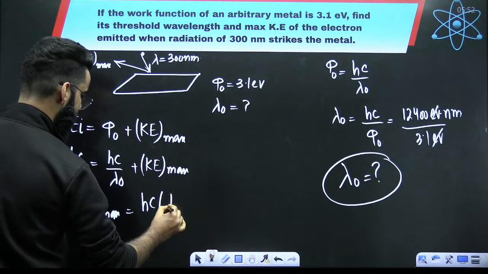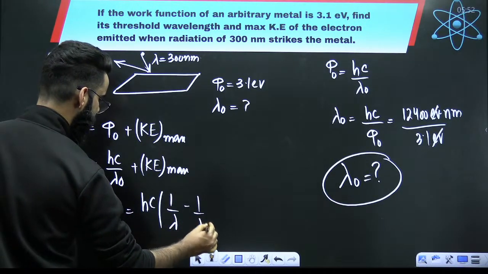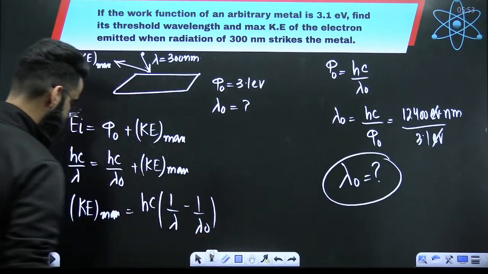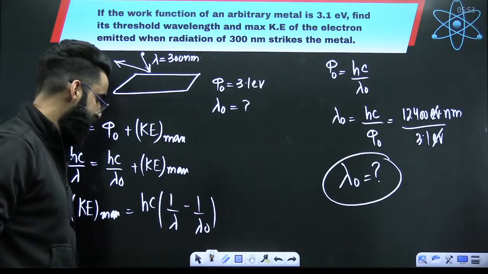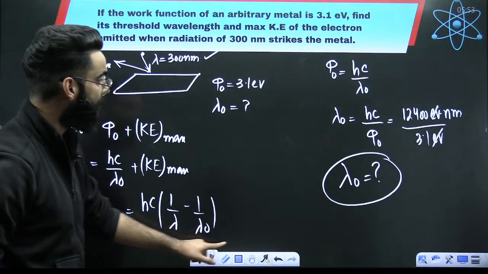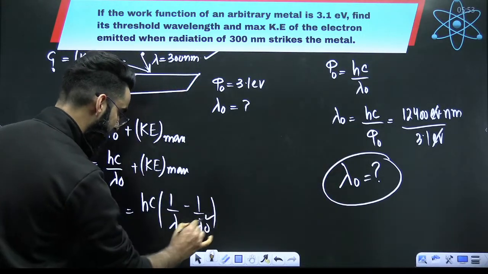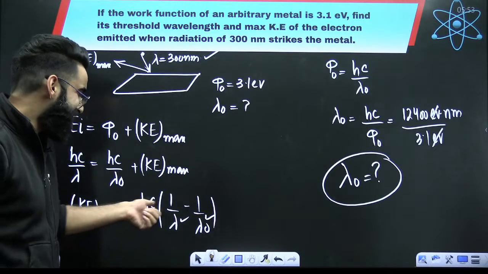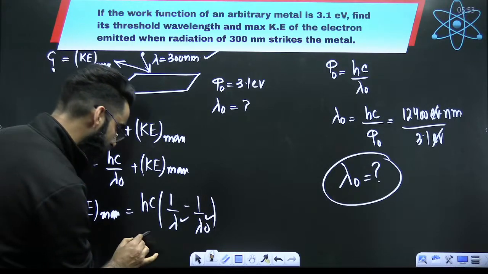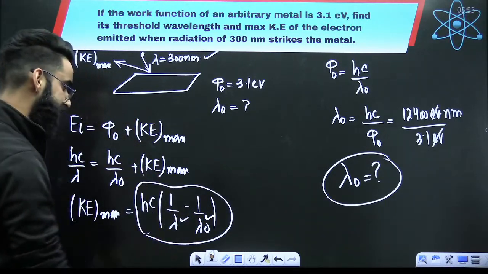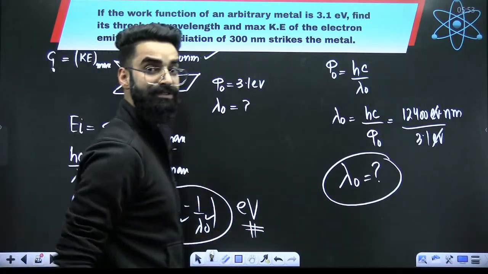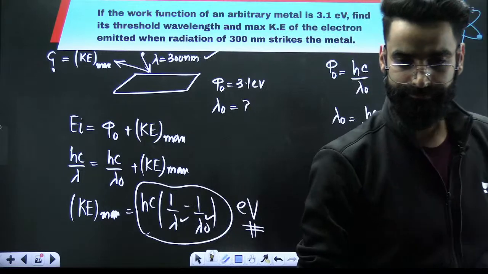It's going to be 1 divided by lambda minus 1 divided by lambda naught, or you can say lambda naught minus lambda over lambda times lambda naught, or you can keep it as such. The choice is all yours. Right? Now people, try to understand. Lambda value is given to us, 300 nanometers. Lambda naught we have calculated from here, in nanometers. hc value will be 1240 electron volt nanometer. When you put all the terms in this expression, you'll get the answer in electron volts. So that's going to give you the maximum kinetic energy of the emitted electron.